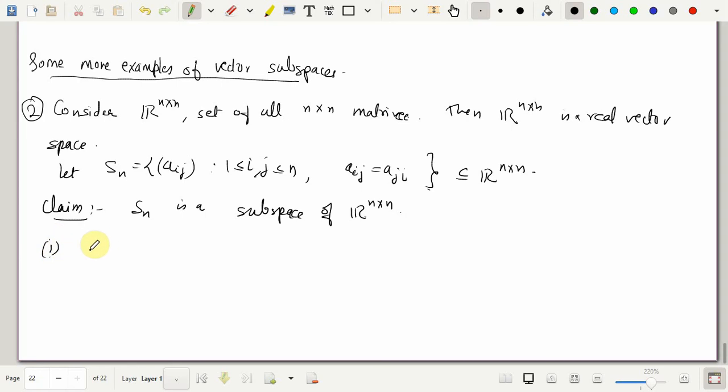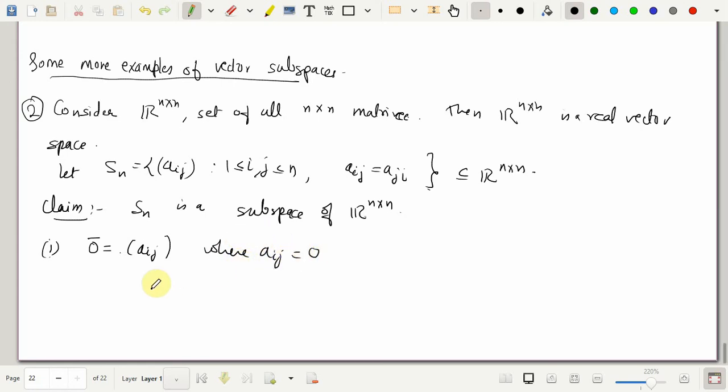Now the zero matrix is a matrix wherein all the entries are zero. So the zero matrix in this case is the matrix Aij where all Aij are real values equal to 0.